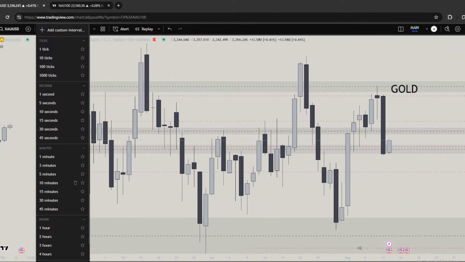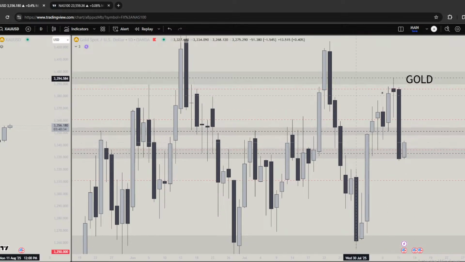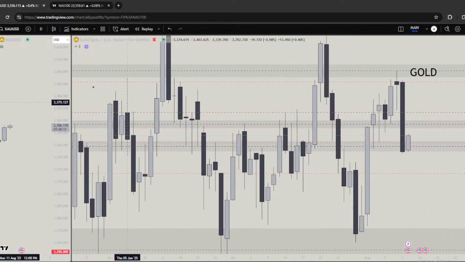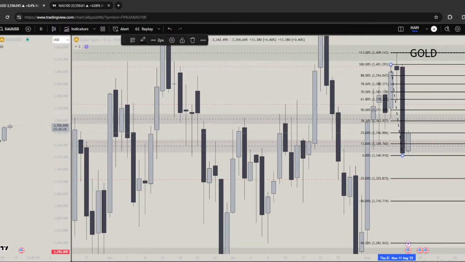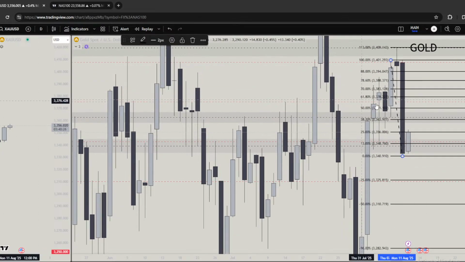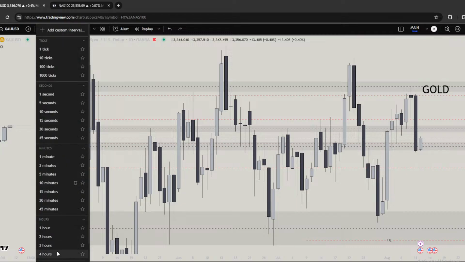But even then, I don't see us pulling all the way back up here to 34. The 618 is right next to that 3375.